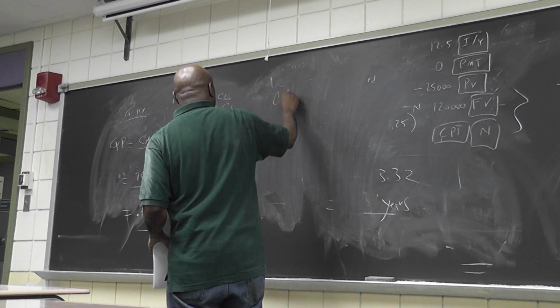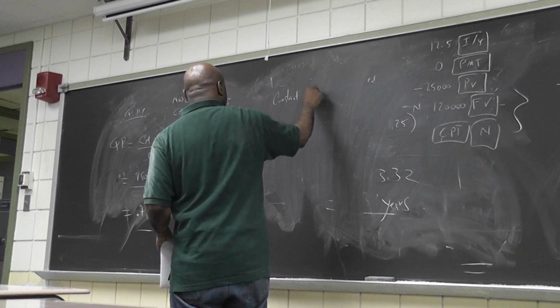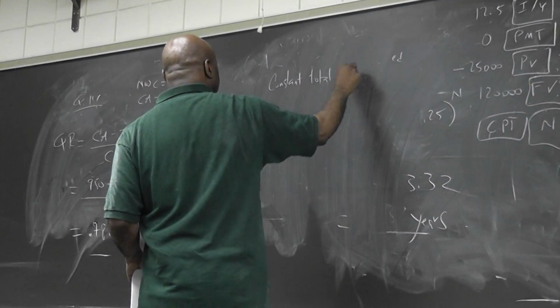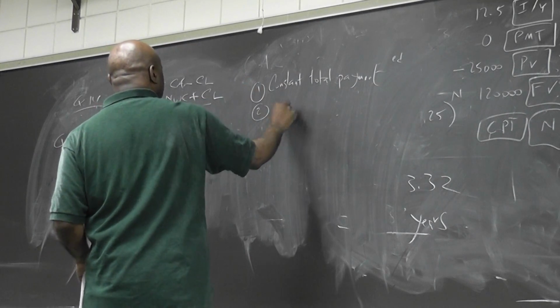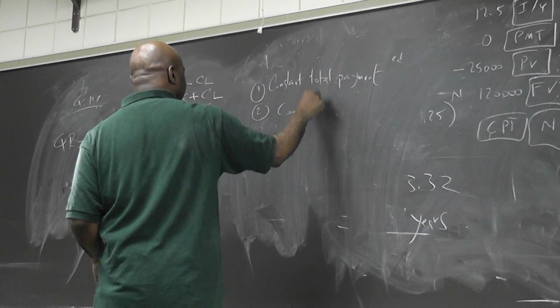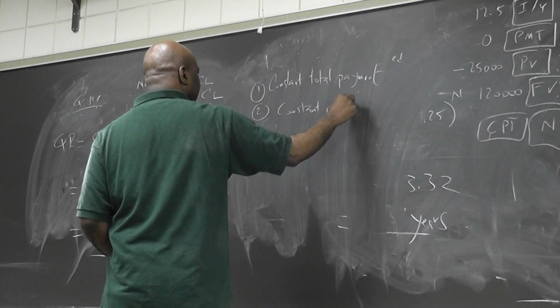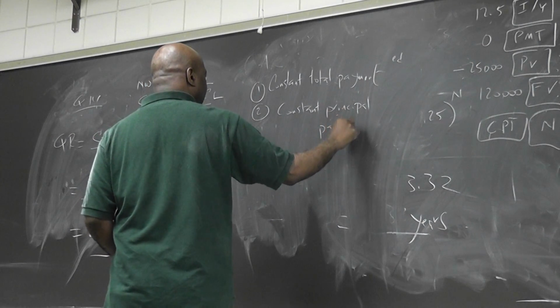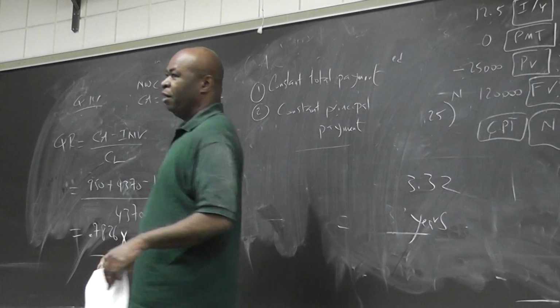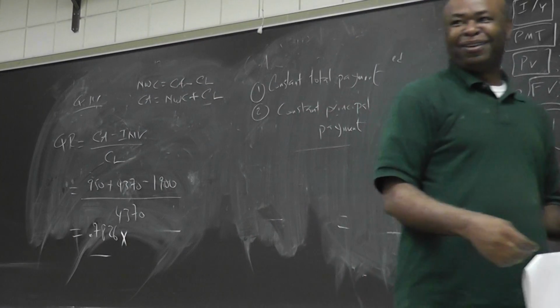So constant total payment, and the constant principal payment. One thing for sure, at maturity, we pay off what? All the principal.